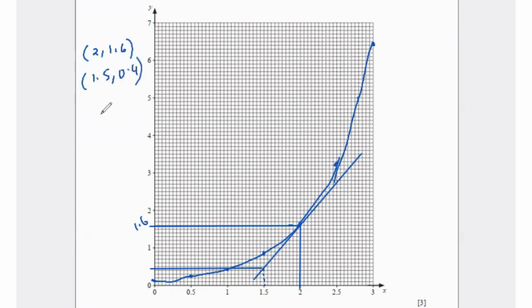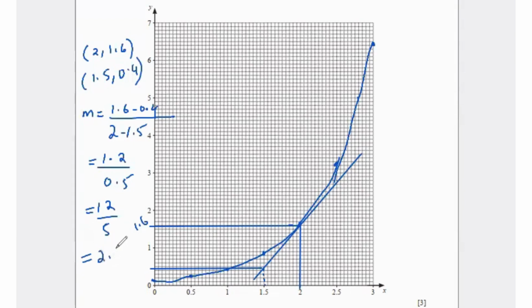So what I'm going to do is find the gradient using these 2 points. So that's going to be 1.6 minus 0.4 divided by 2 minus 1.5, which is going to be 1.2 over 0.5. So that's 12 over 5. And that's going to equal 2.4. So that is your gradient.